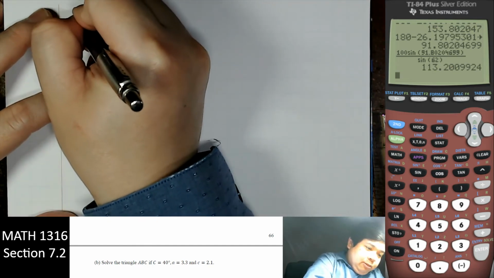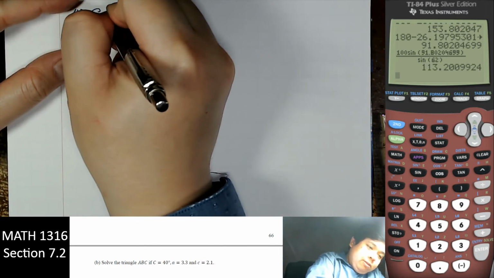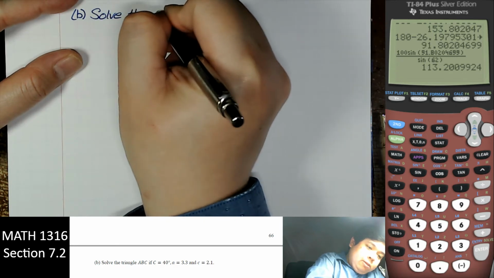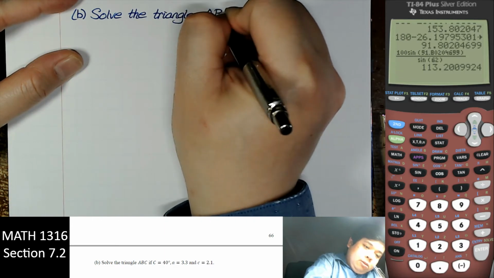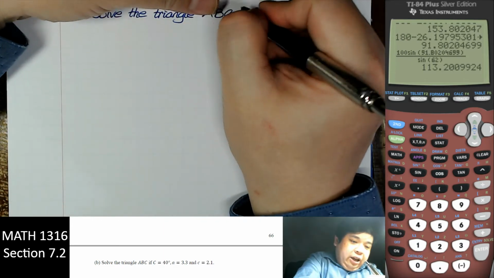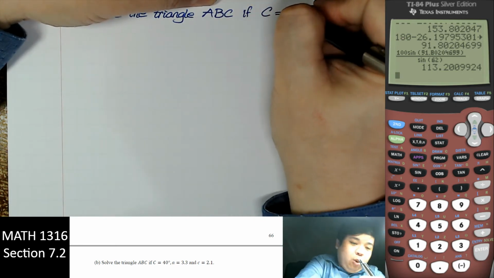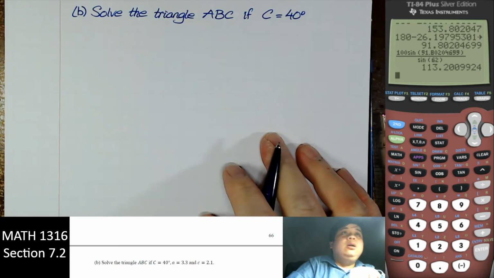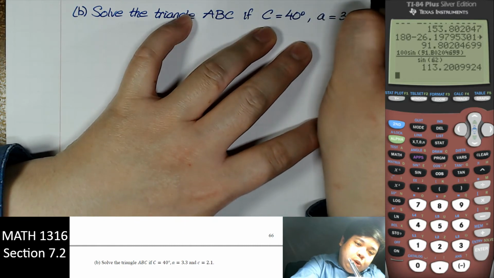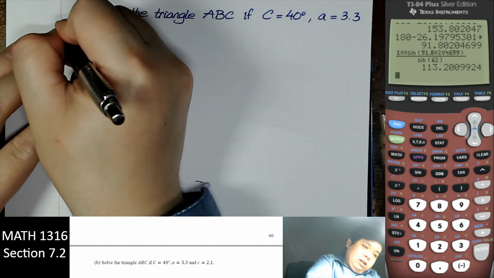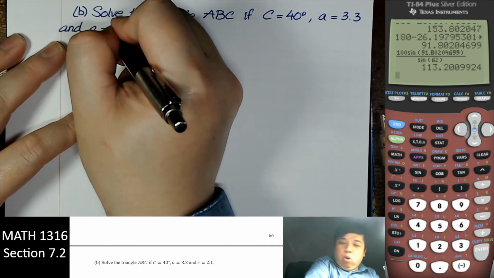B. Show the triangle ABC. If we have big C, angle C is 40 degrees, little a 3.3, and the little c is 2.1.